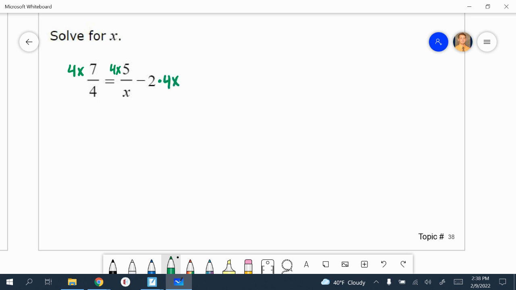Basically, I'm multiplying every single term by 4x. And what's going to happen is this 4 will cancel with this 4. So we'll be left with 7x. This x will cancel with this x. We'll be left with 20. And then negative 2 times 4 is a negative 8x. And then we can start to solve, but I think you guys can manage that on your own.